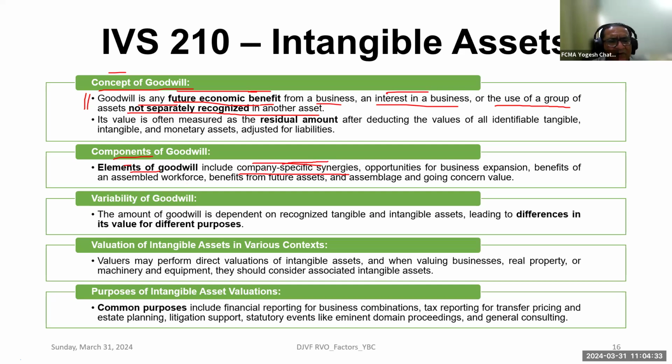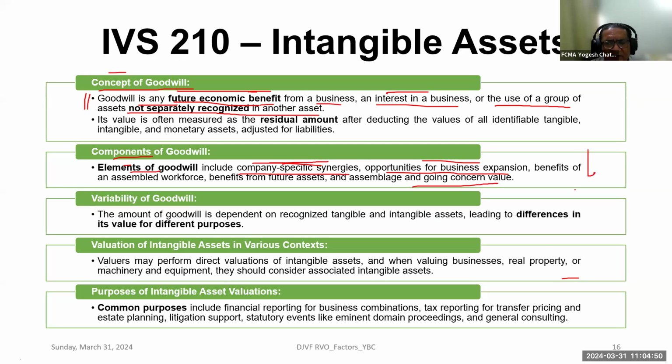So elements of goodwill will include company specific synergy, opportunity for business expansion, benefits of an assembled workforce, benefits from future assets, and assemblage and going concern value.